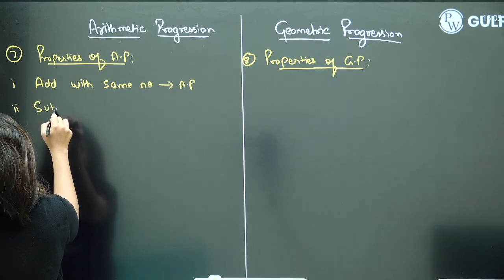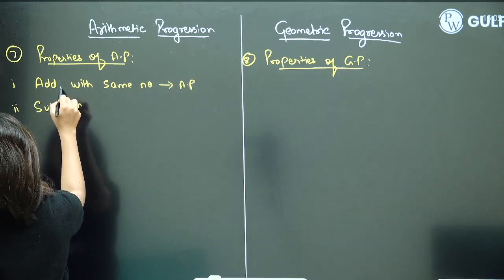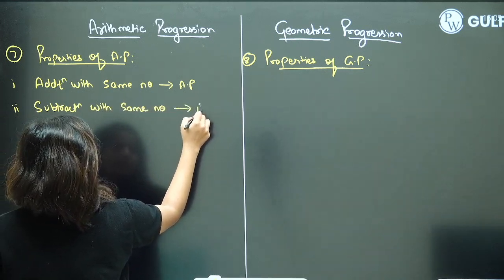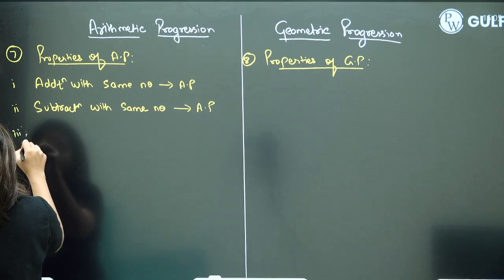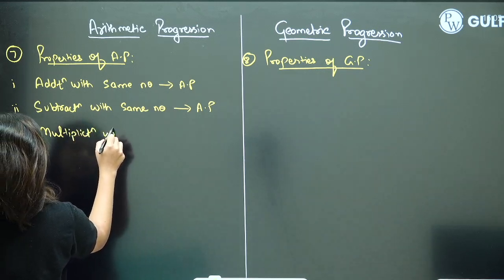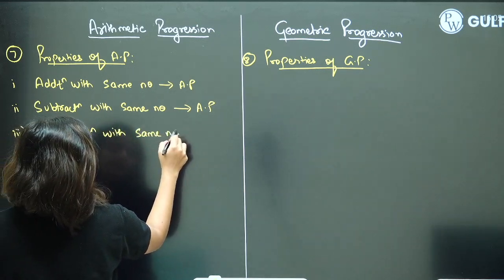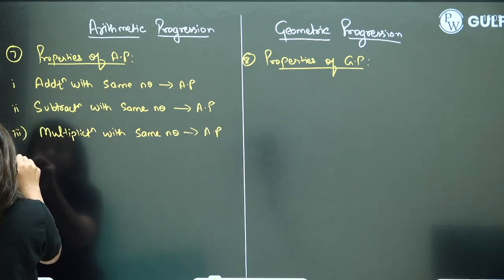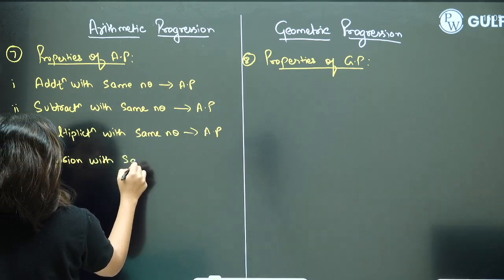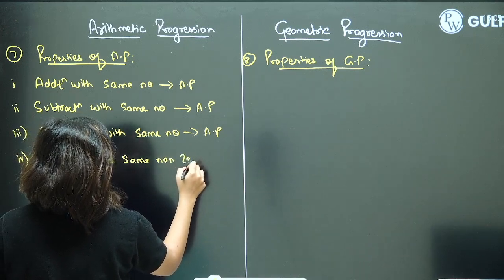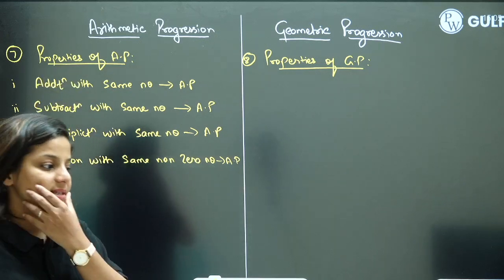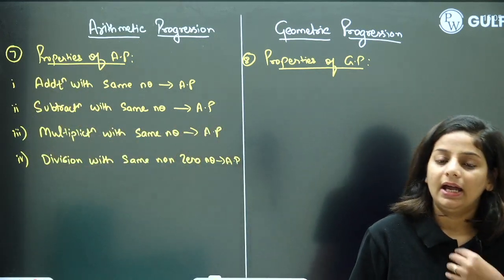Second, subtraction of the same number will also give an AP. Third, multiplication with the same number: if there is an AP and you multiply with the same number, you will get an AP back. And fourth, division with a non-zero number will give us an AP. So in AP, these are the four properties: addition, subtraction, multiplication, and division.